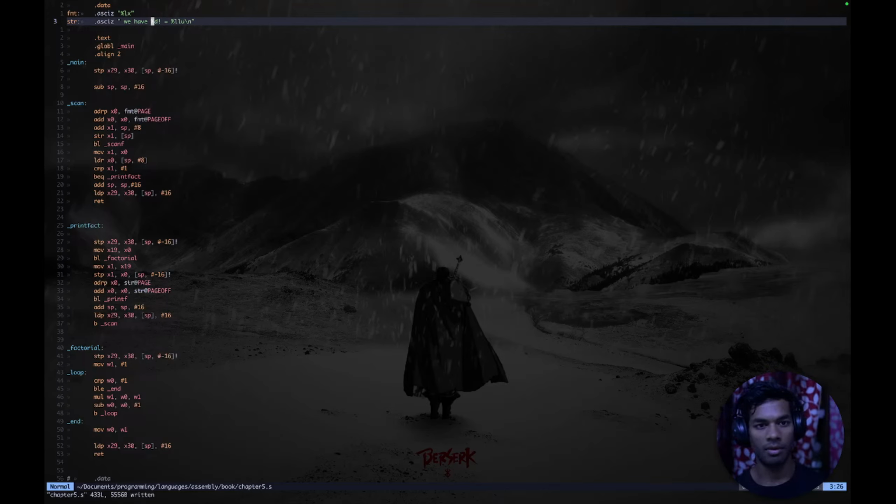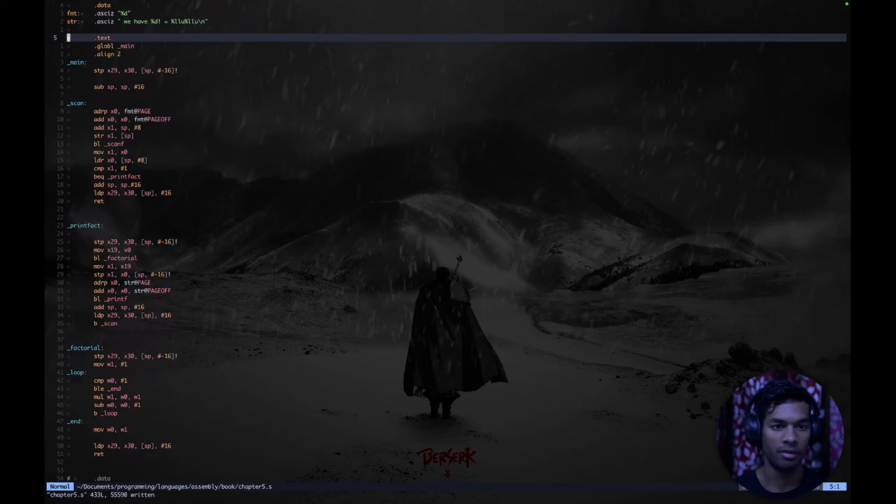And then I will also be printing a long, well, no, D is fine. The input will be a 32-bit number, but the output is long unsigned. And let me make it two numbers.